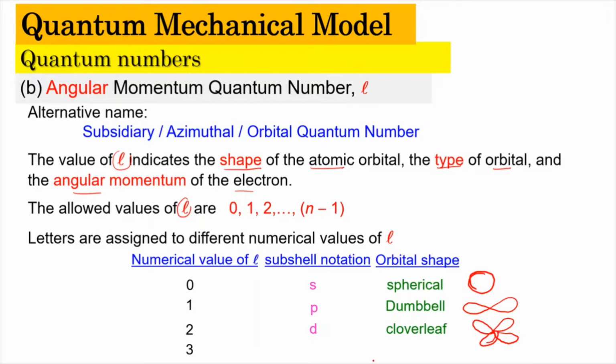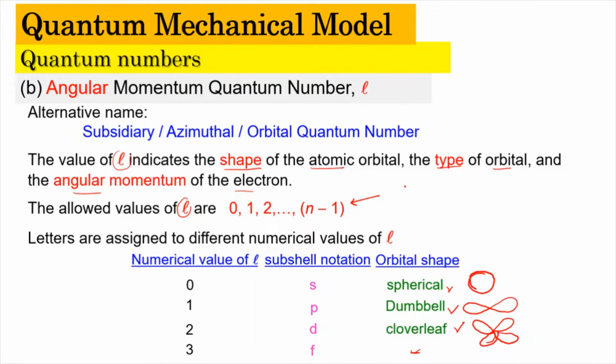And then for the numerical value of 3, the subshell notation here is known as f, and the orbital shape here is, you don't have to know about that because it is out of our syllabus. So what you need to know is this 3 thing here, and also the numerical value as well as its subshell notation. So to further explain this part, as I mentioned, it depends on the value of n.